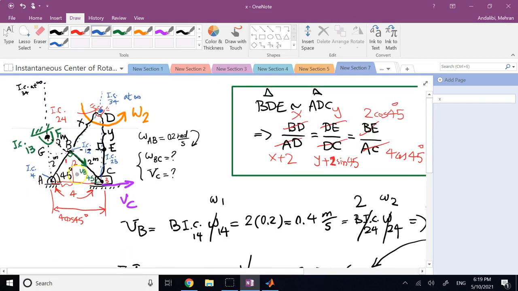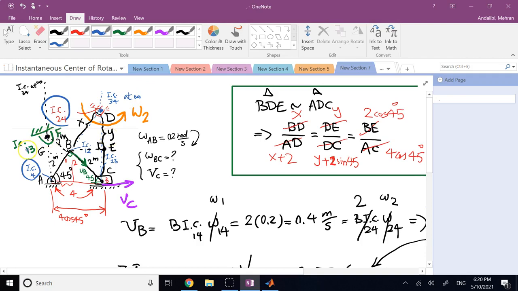Since here object 4 is stationary, only the centers for each one of the parts with respect to 4 can be used to apply this formula. So 1,4 and 2,4 are good. 3,4 as infinity is not going to give you anything because the distances are infinite. But those two are good.